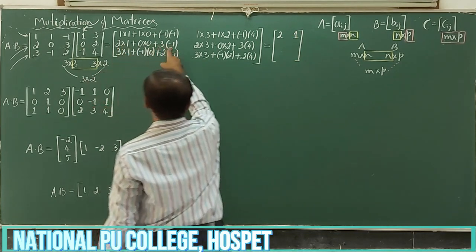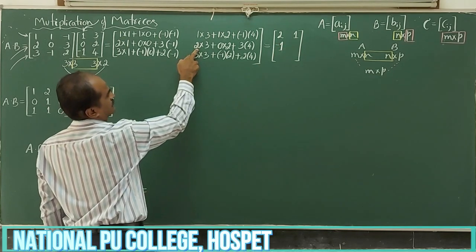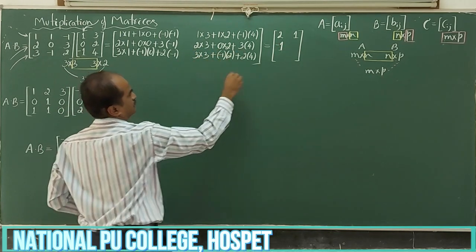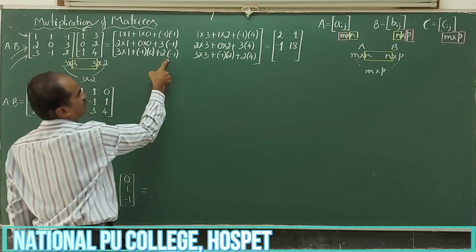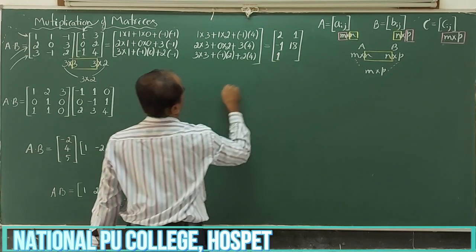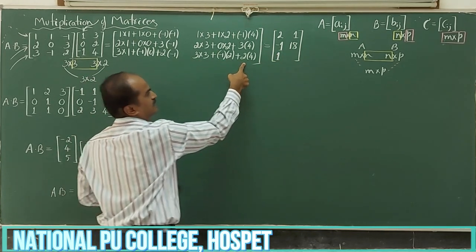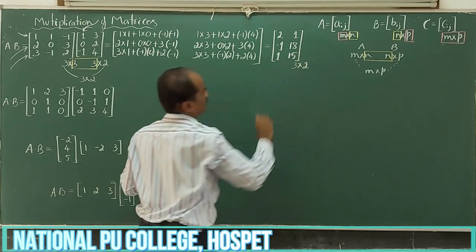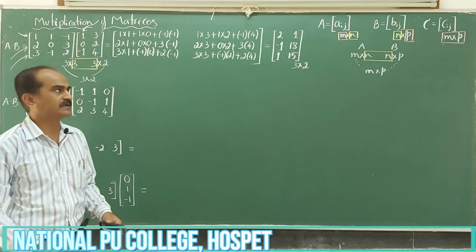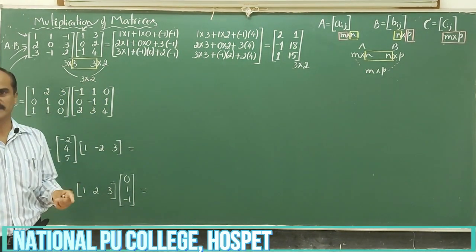Then 2 minus 3, minus 1. 6 plus 0 plus 12, 18. 3 minus 2, 1. 9 minus 2, 7. 7 plus 8, 15. This is matrix of order 3 by 2. That is what we said. Initially we are going to get 3 by 2 matrix.